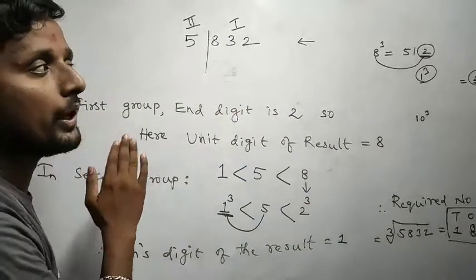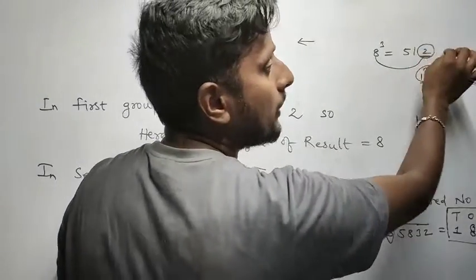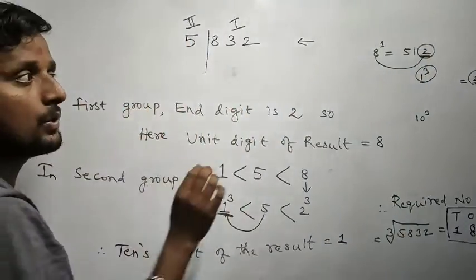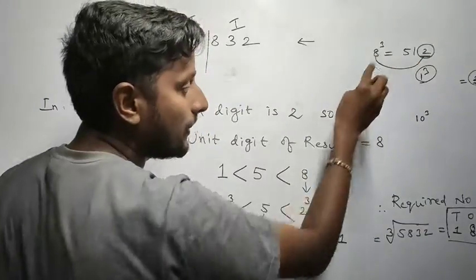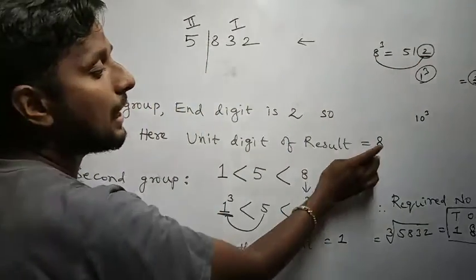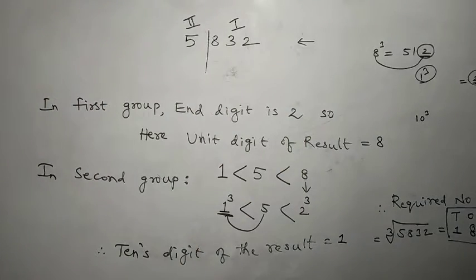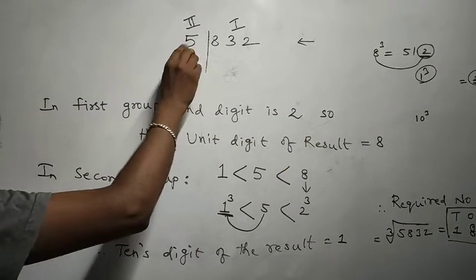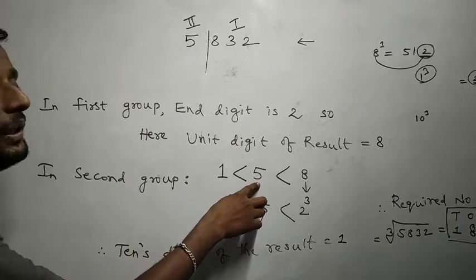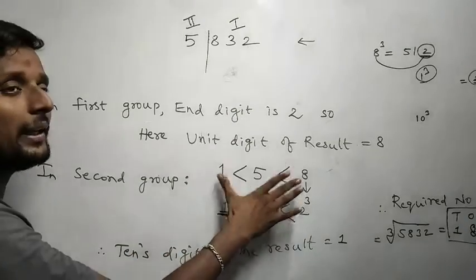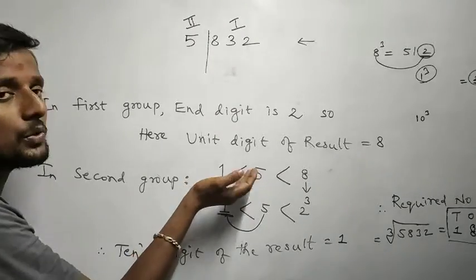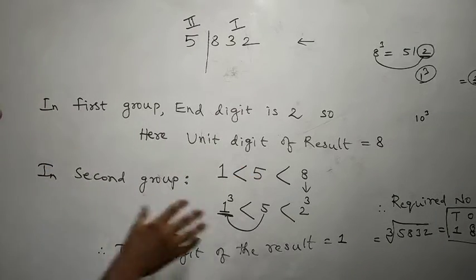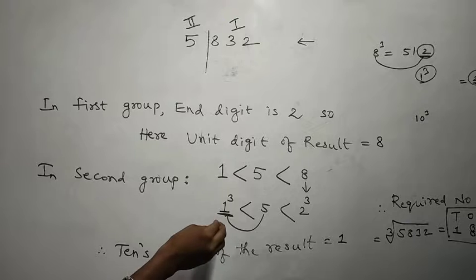I don't want the 51, I just want the last digit, that's 2. So here we got the last digit 2 with the help of 8. So that unit digit of the result I have taken as 8. After that I came to the second group. In the second group we have only 5. 5 is between 1 and 8. Not only if bigger than the middle number, if it is equal also, we'll take the smaller number only. So here we'll always consider the smaller number.